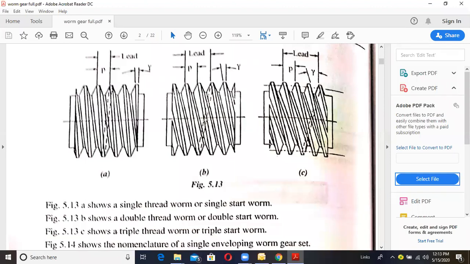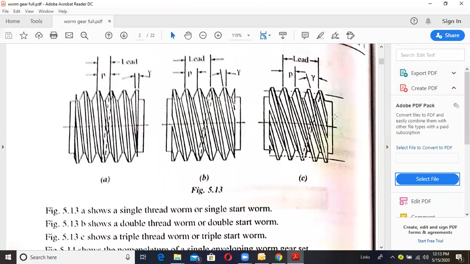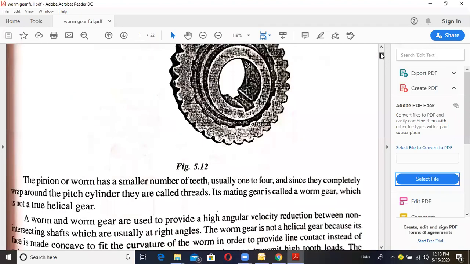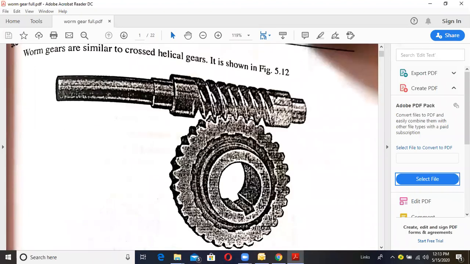Whatever you are seeing in figure A, figure B, and figure C is the worm gear. I already told you about the worm and the pinion. The topmost one is the worm, and this one is the worm wheel.